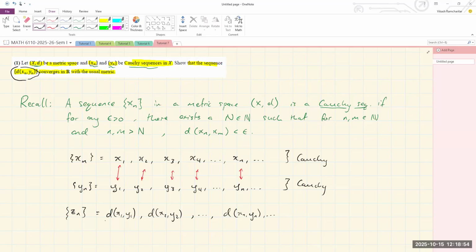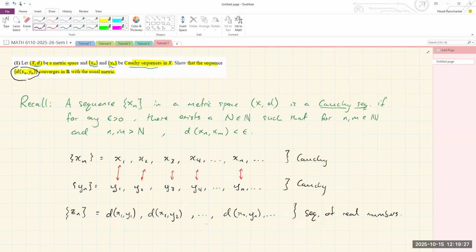But the sequence zn is a sequence of real numbers. So we formed a link between the two sequences we started with, xn and yn, which may not be numbers, to form this new sequence, which is a sequence of real numbers. What we are asked to show is that this sequence zn converges in R.